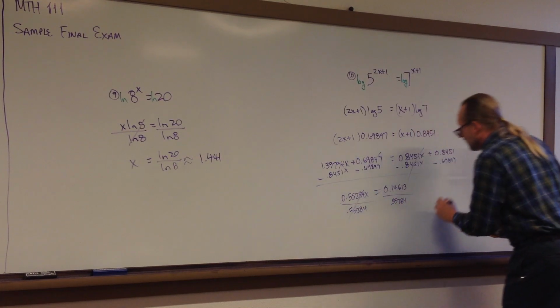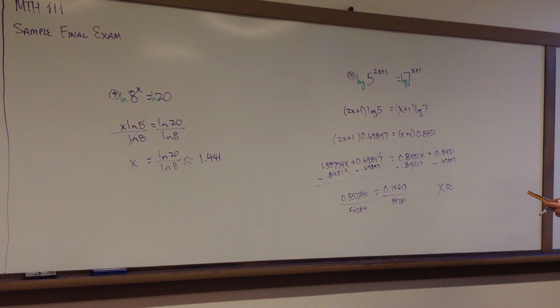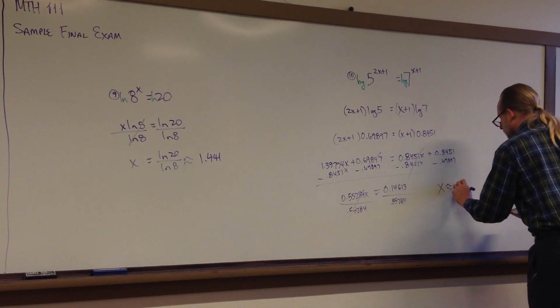So those cancel out, and what do we get here? Divided by 0.55284, about 0.264.